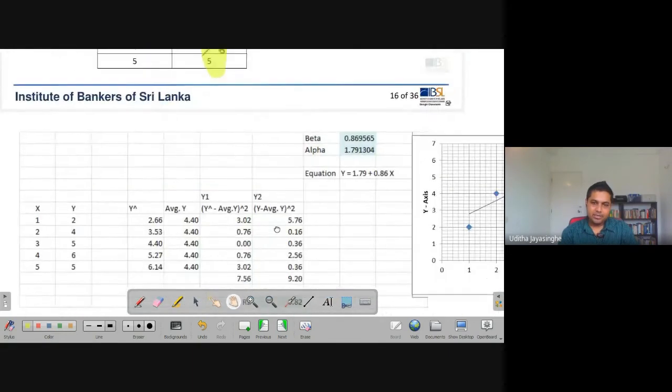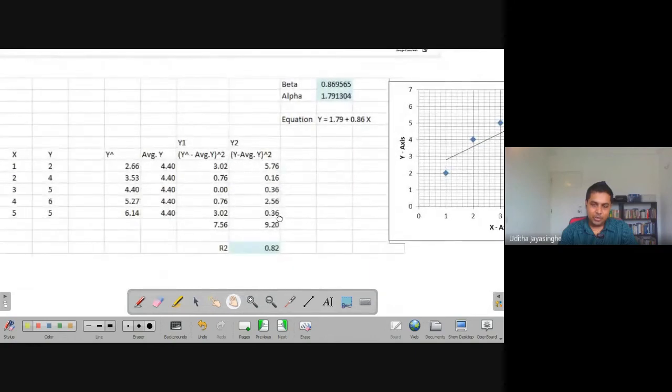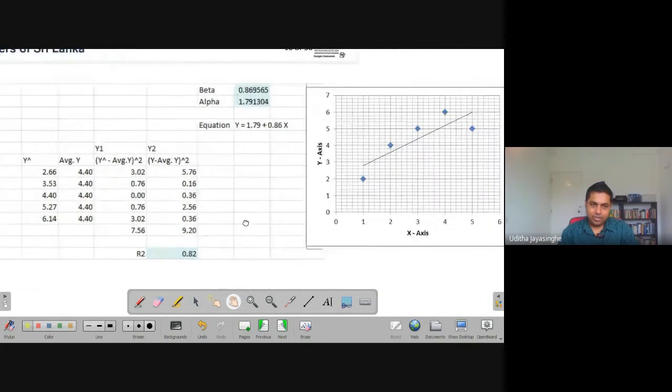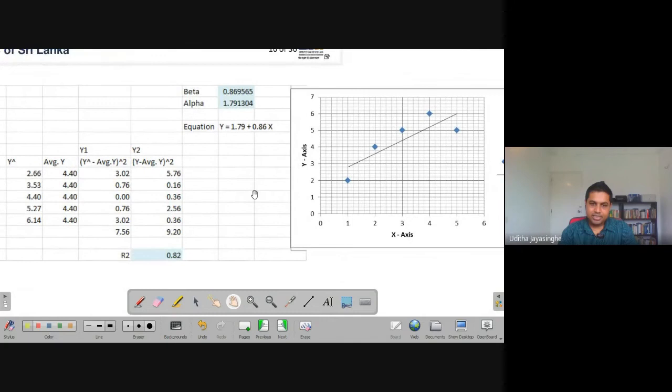By theory, we have discussed previously how to calculate y hat, but all we are doing here is taking the individual data points. Here, 1, 2 is the data point: x-axis 1, y-axis 2.